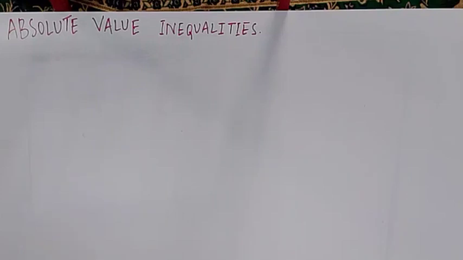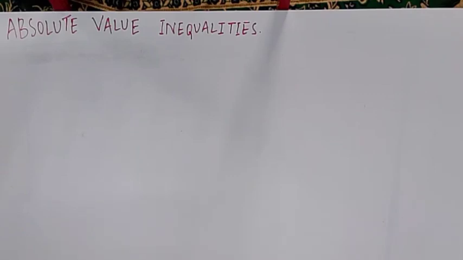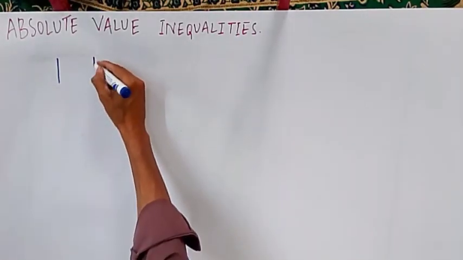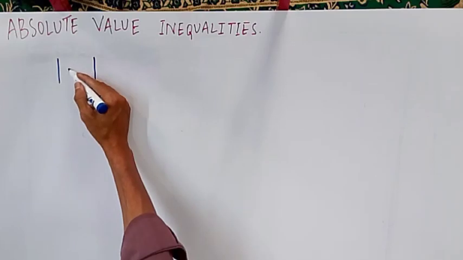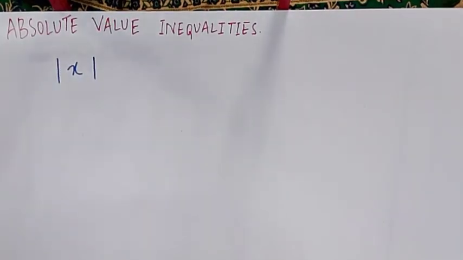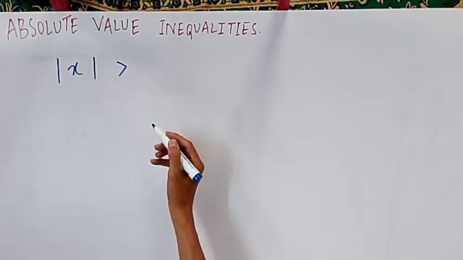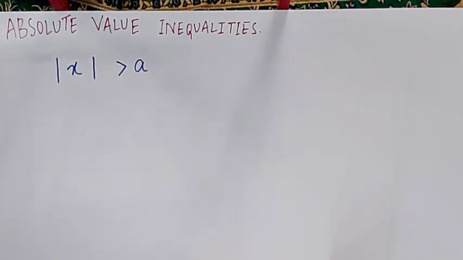For example, if you have an absolute inequality, we have already done absolute linear equations. So this is the symbol for absolute. Whatever is written inside the absolute symbol, let's say x could be any expression, and if it is greater than a, where a is a number or a fraction.